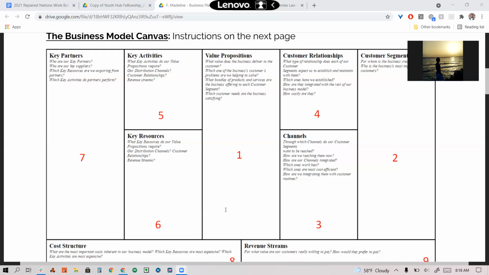Yes, it's time consuming, but trust me, when you get this document done, it's kind of like your invest-in-me free card. You can take this anywhere and break down specifically to investors or funders or people that you want to join your organization or your business what it is that your business does to receive capital and what your business needs to sustain itself.